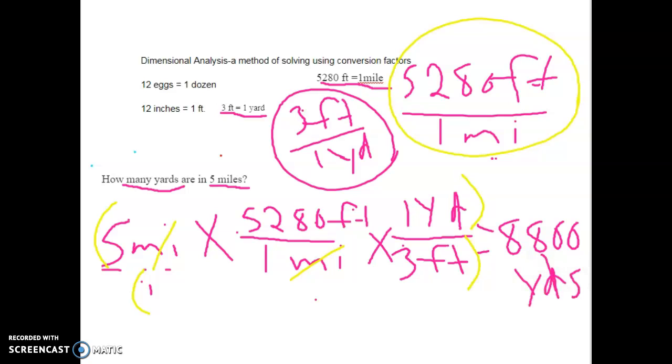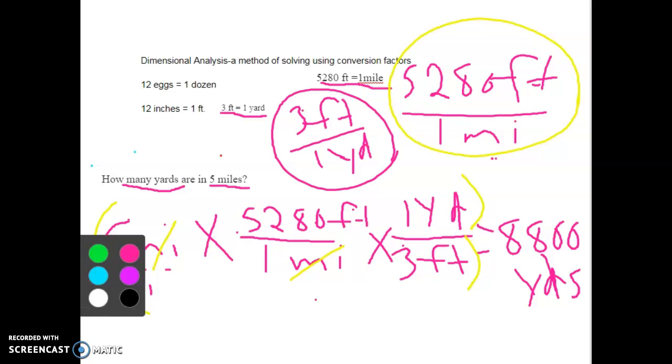And then I always say, does that make sense? Well, yeah, you have 5 miles and you have a lot of feet, and we know there's 3 feet in a yard. So just quick ballpark, 5 miles times, let's just say 5,000 feet would be 25,000. And then we're only dividing it by 3, which is a pretty small number. So yeah, that actually seems pretty reasonable.